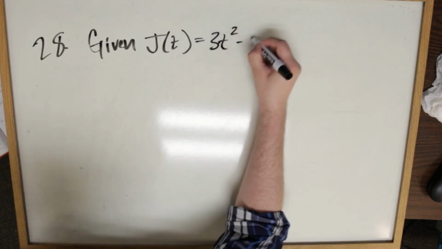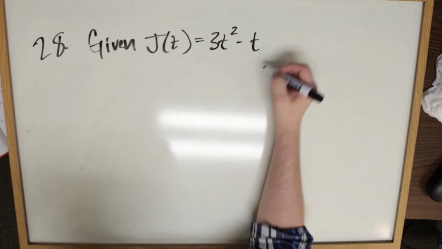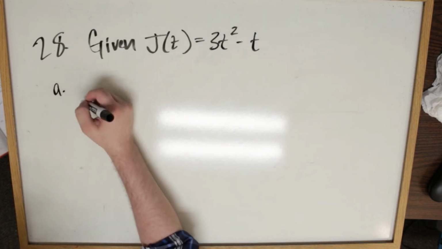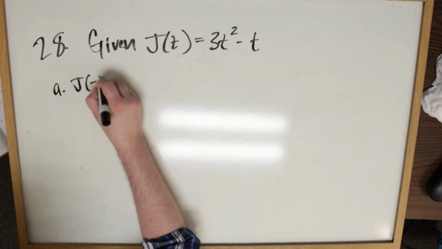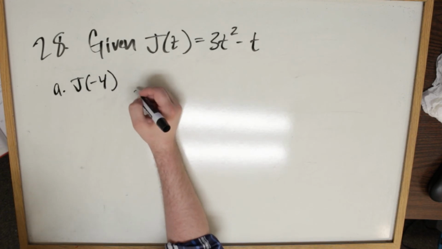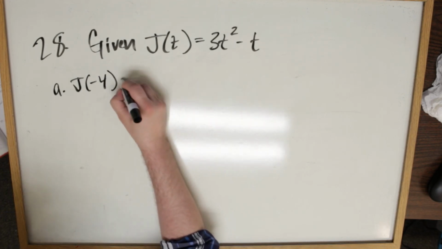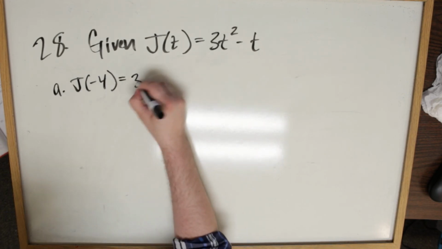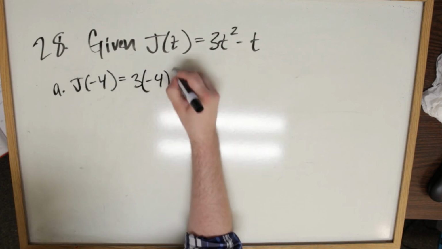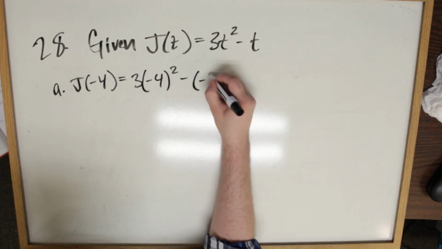J of t equals 3t squared minus t. Part A is asking us to find j of minus 4. So this is equal to 3 times minus 4 squared minus minus 4.